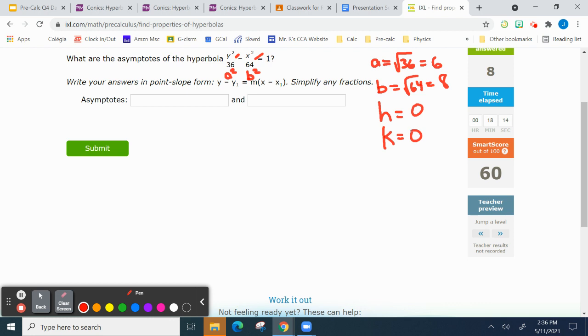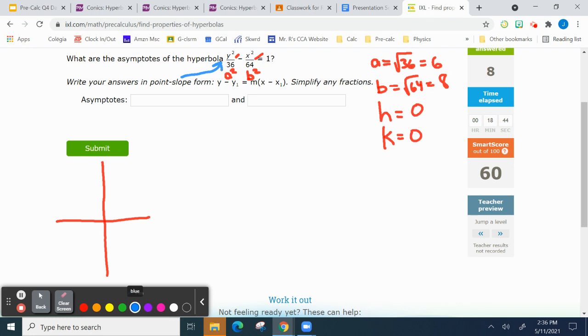Okay, so now we have enough to get going. Maybe your mind works better than mine, but I always have to graph it out. So the middle is 0, and our a goes with the y in this one, right? That's what you've got to look for.